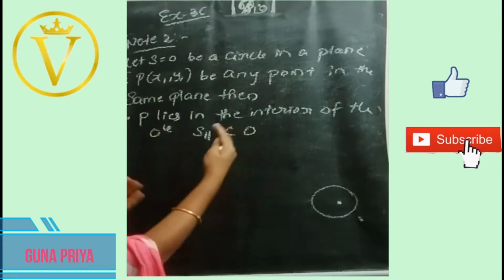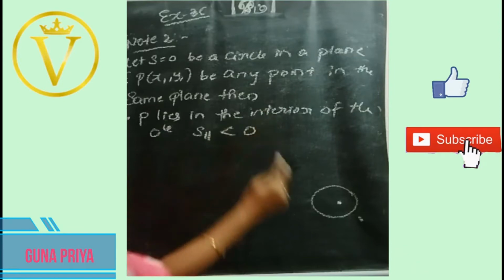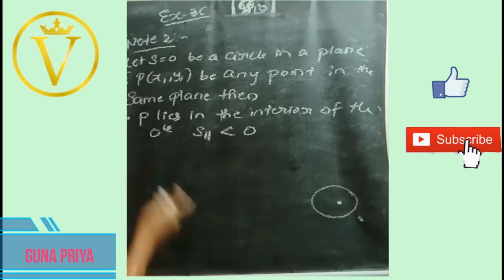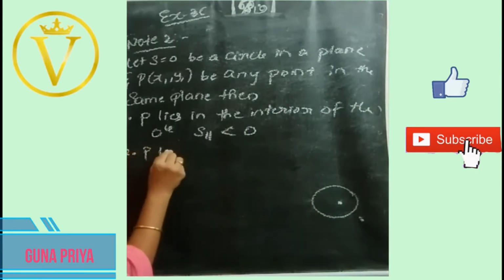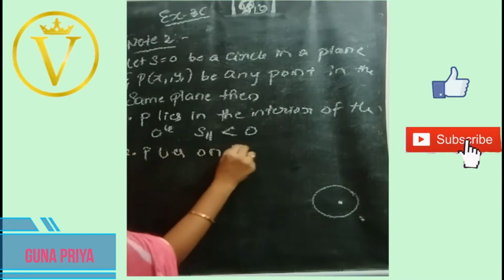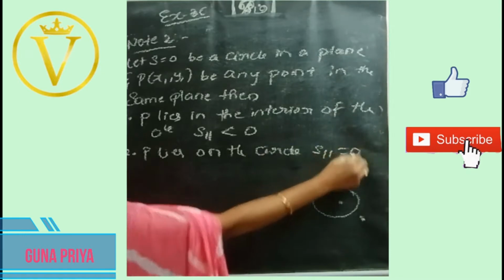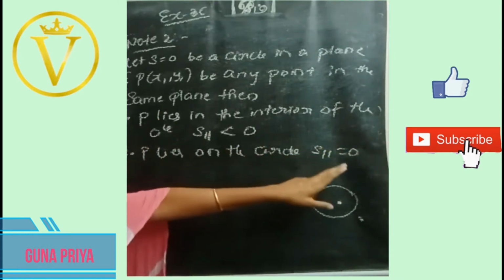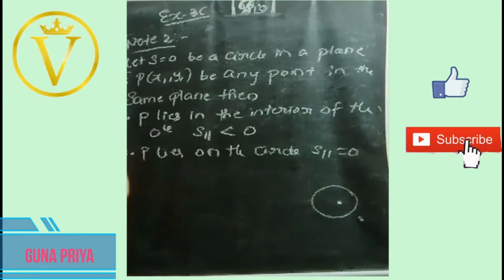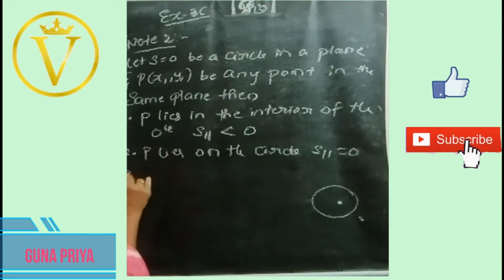If the value is less than 0, it is in the interior of the circle. Now our second point: if P lies on the circle, then S11 equals to 0. If S11 becomes 0, the point lies on the circle.